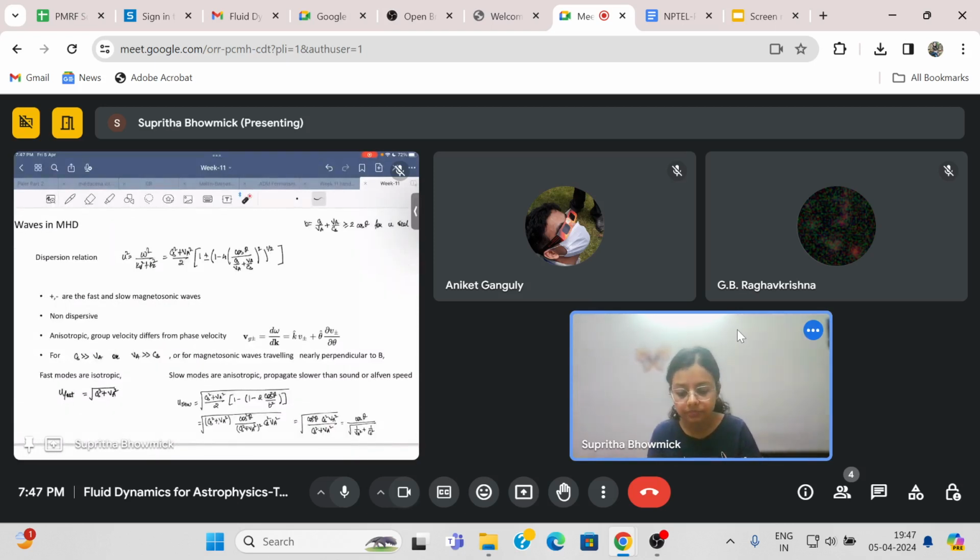Secondly, the group velocity is going to be different from the phase velocity. For sound waves, the group velocity was the same as the phase velocity. There was no theta appearance in the dispersion relation for sound waves. There was theta appearance in the dispersion relation for Alfvén waves, remember? The same thing happens for magnetosonic waves.